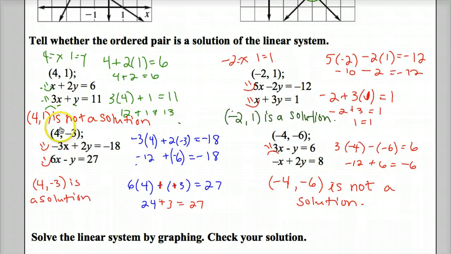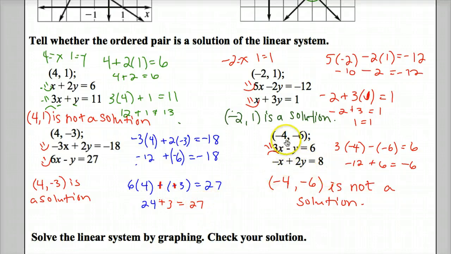Okay, so you put in for this one here, you should have gotten yes, that 4, negative 3 is a solution. You should have put in 4 for x and negative 3 for y and gotten negative 18. That does check out because negative 12 plus negative 6 is negative 18. This one down here, you should have gotten 27 equals 27 because 24 plus 3 is 27.